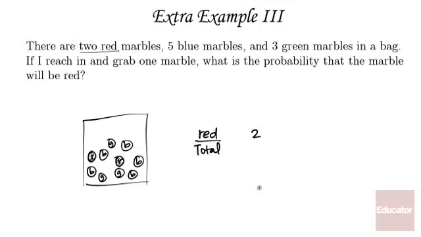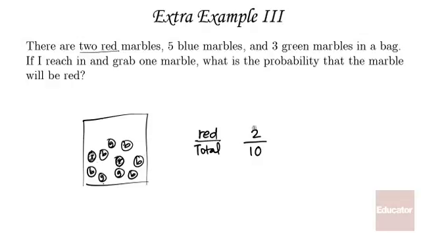So 2 out of, how many do I have in all? 1, 2, 3, 4, 5, 6, 7, 8, 9, 10 total marbles. So my probability would be 2 out of 10. Again, this is still a fraction.